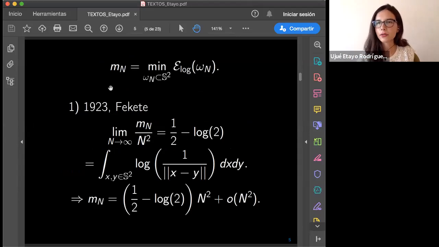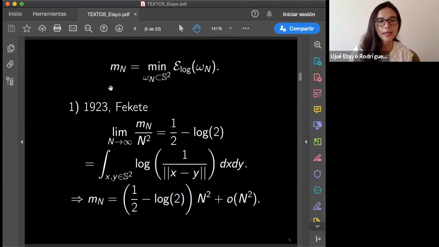The first result is due to Fekete. Fekete has worked a lot on these problems, and this is why sometimes these minimizers of the logarithmic energy are called Fekete points, or elliptic Fekete points.